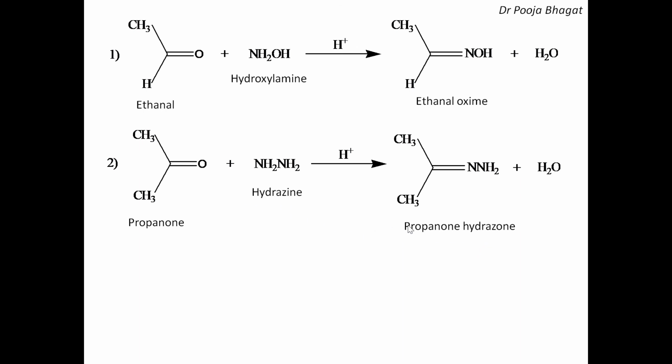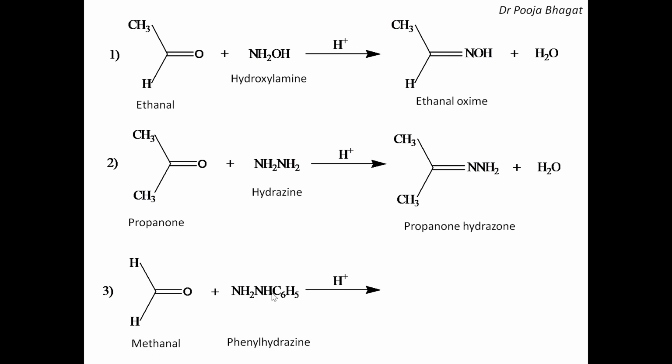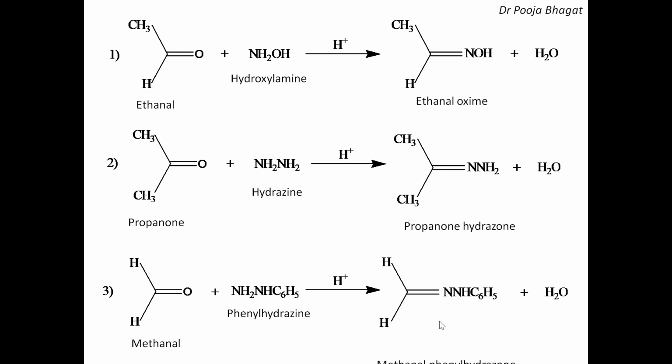Now identify this compound. It is methanol. This is phenylhydrazine. Product: C double bond N, NHC6H5, two hydrogens from here, oxygen from here. Name: methanol phenylhydrazone. So phenylhydrazine is giving phenylhydrazone.